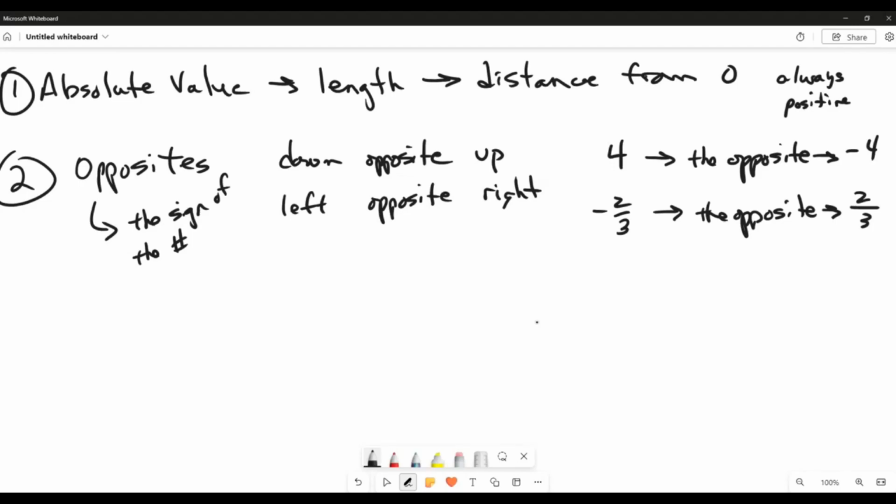So on this sheet up at the top, it asks what is the opposite of 7? Well, if I have positive 7, the opposite of that is negative 7. If I want to know the opposite of 13, if I have positive 13, the opposite is negative 13.